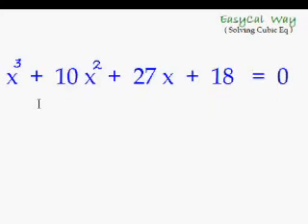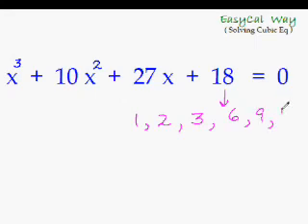Let's do another one. Your time starts now. The factors of 18 are 1, 2, 3, 6, 9 and 18.